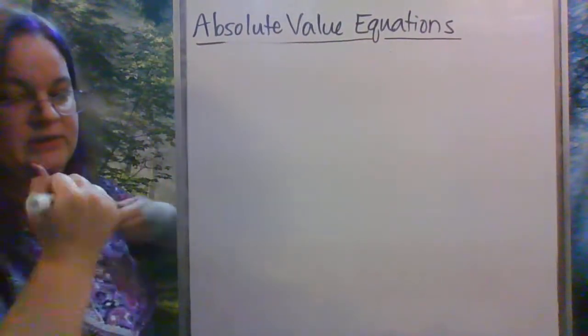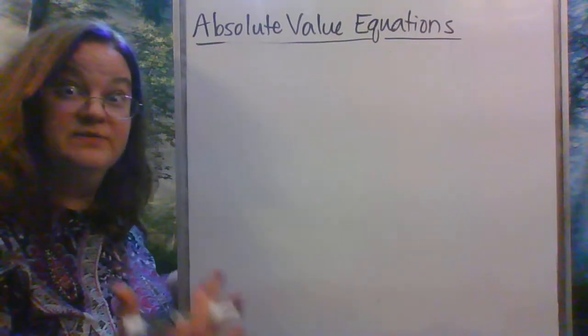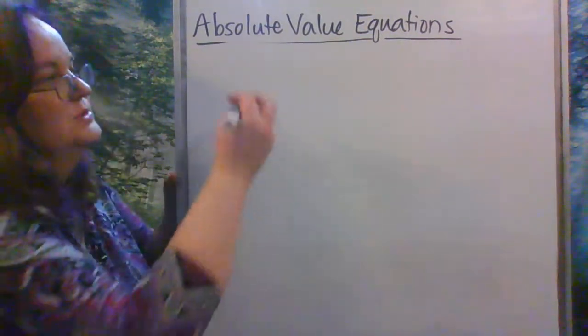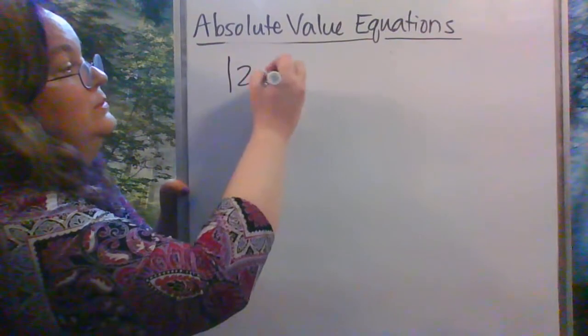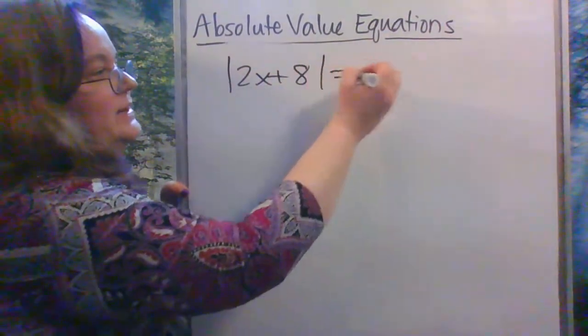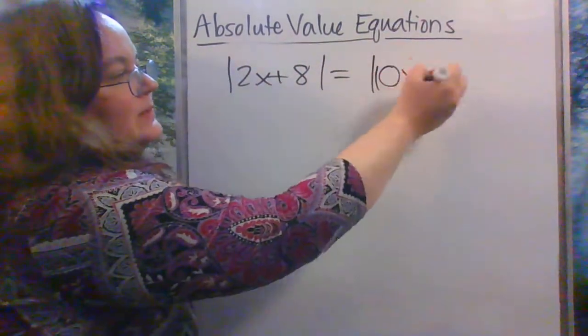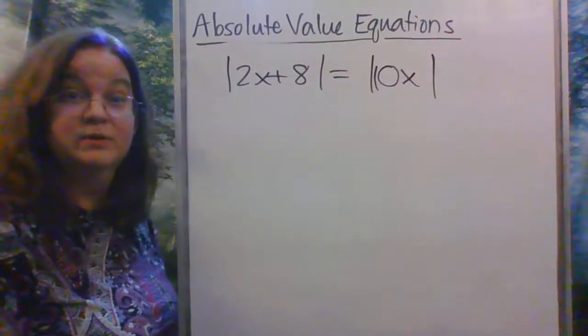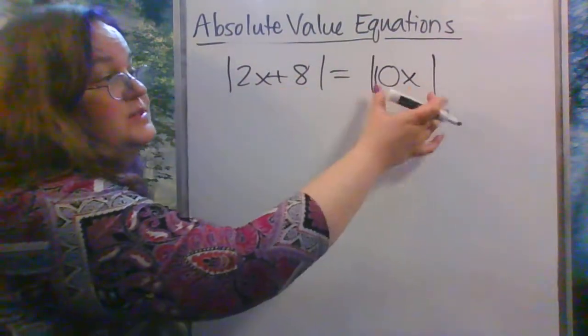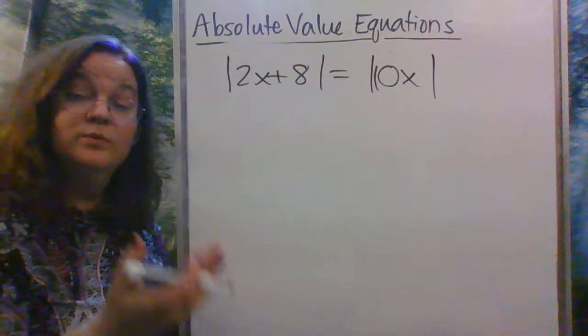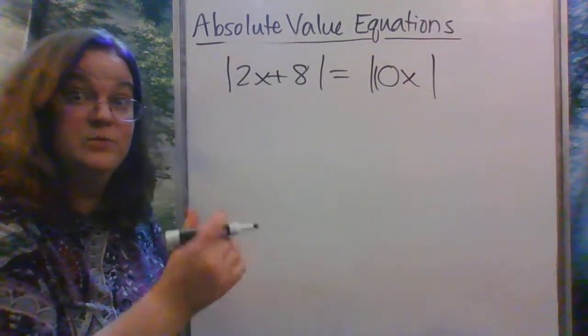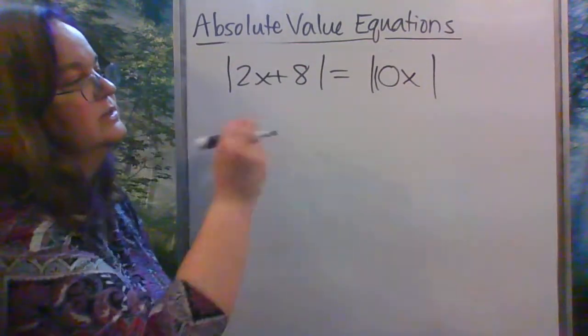Okay. Now, what happens if I have an absolute value sign on both sides? Ooh. Okay. So, let's say I have this problem. I've got the absolute value equals the absolute value. Well, it's basically going to be starting the same way. There's going to be 2 possibilities that we're going to look at.